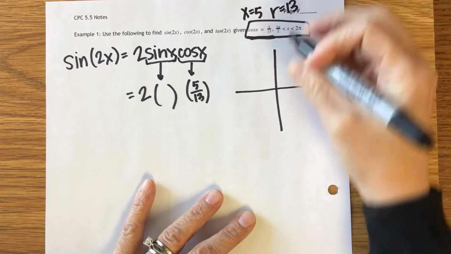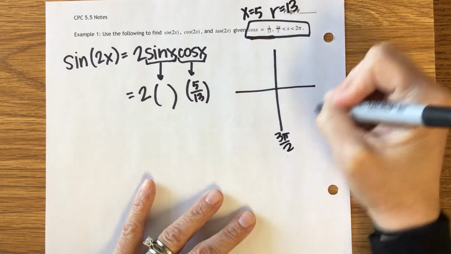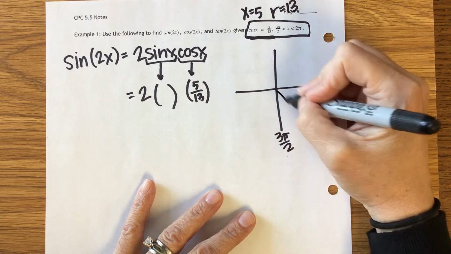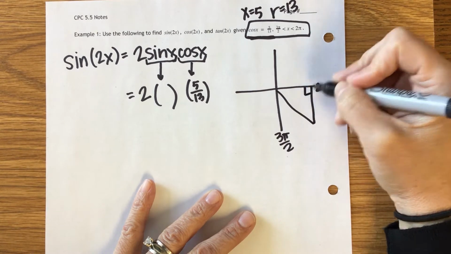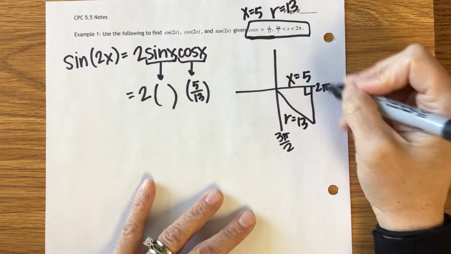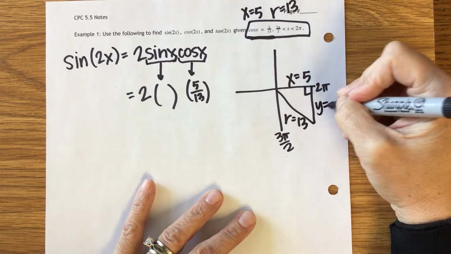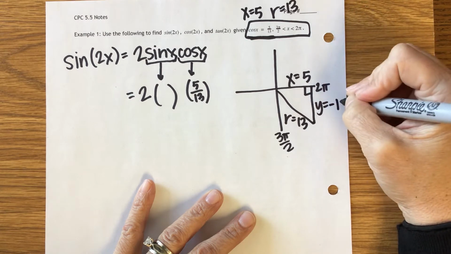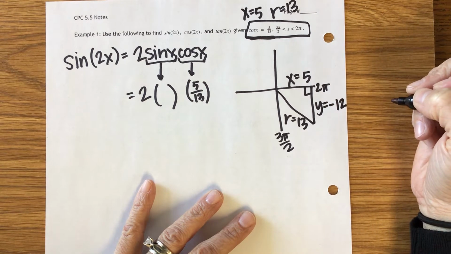Then I was also given that it's between 3 pi over 2 and 2 pi. So our angle x lives in here. Using Pythagorean's theorem, and where it is down the y-axis, I know that y is -12.